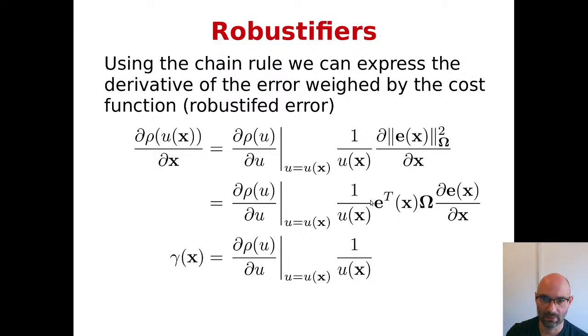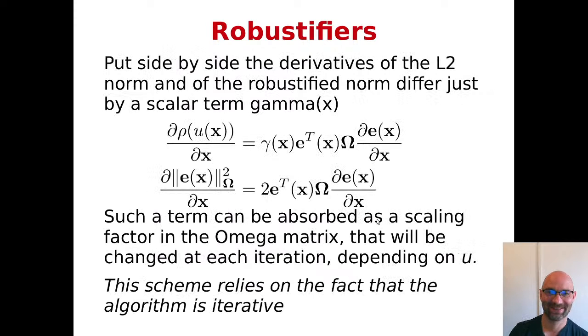Okay, so all this rubbish over here becomes a certain gamma of x that I know needs to be a scalar. Okay?